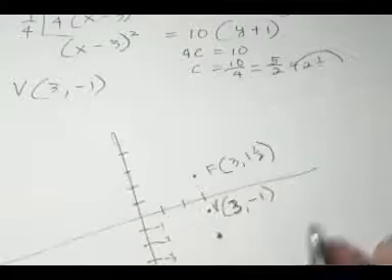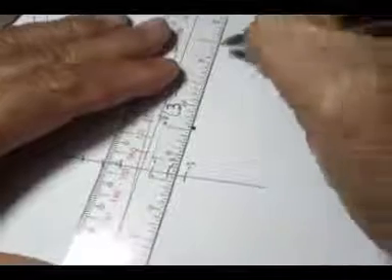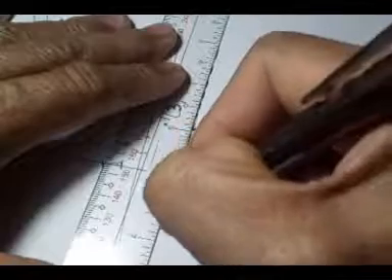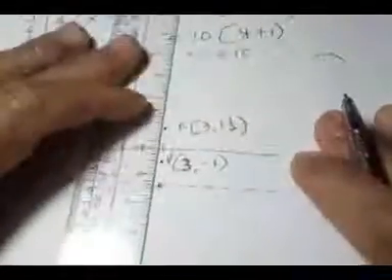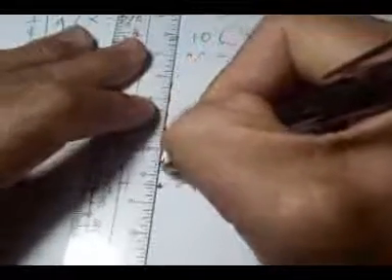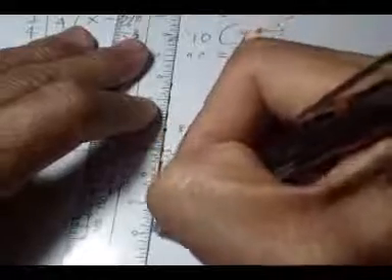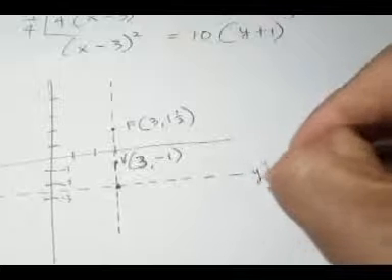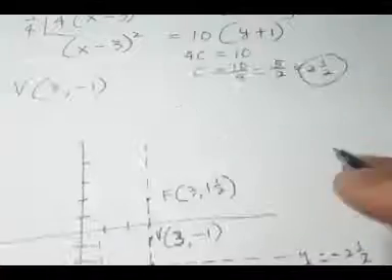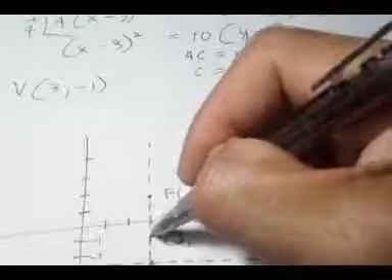Let us construct the horizontal line, and the axis of symmetry, and this is our directrix, y equals negative 2 and 1/2, our focus.